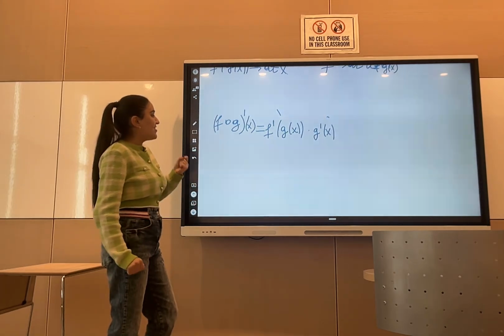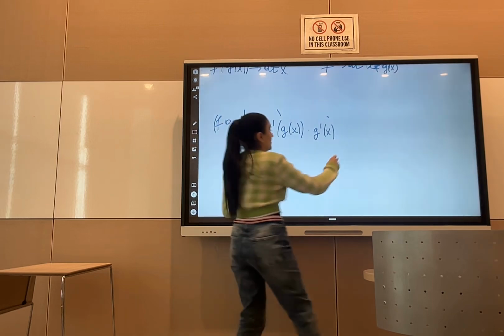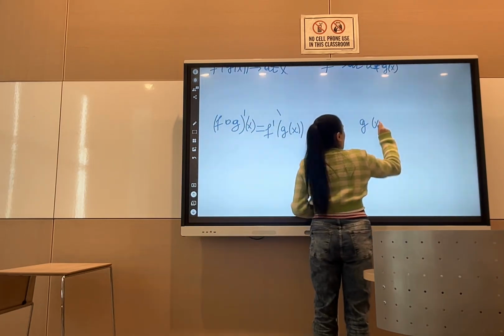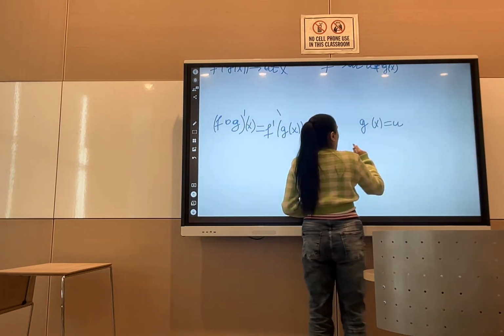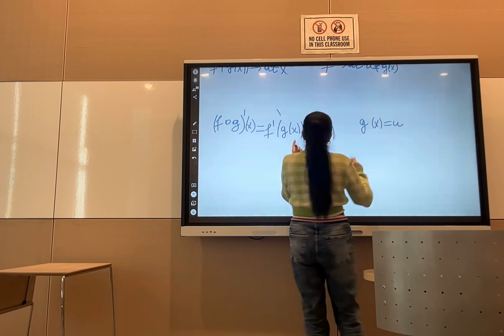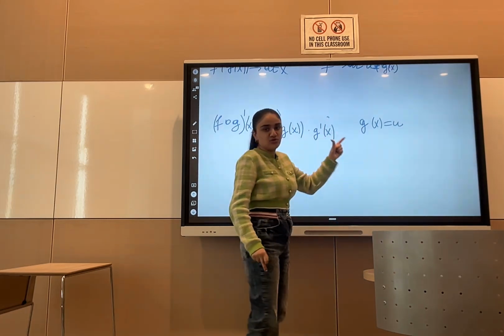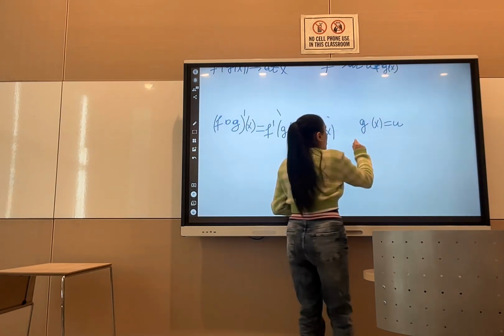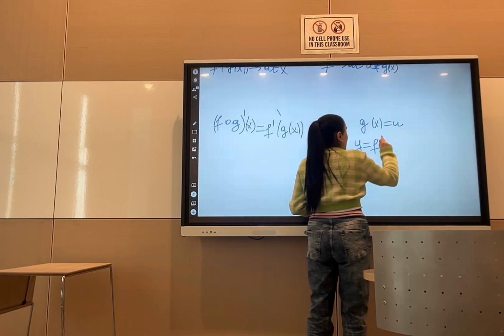If we show g of x again as u, then f of g of x is f of u. We can show f of u as y.